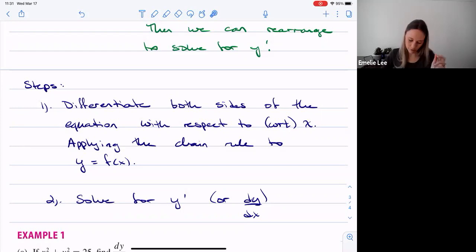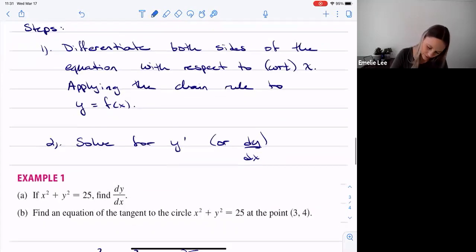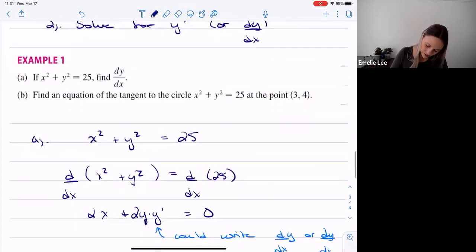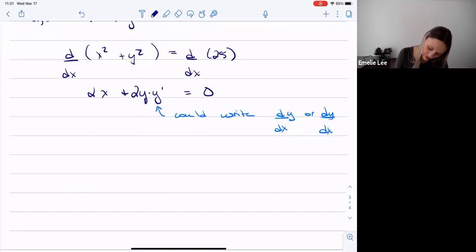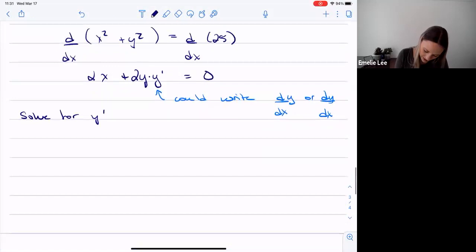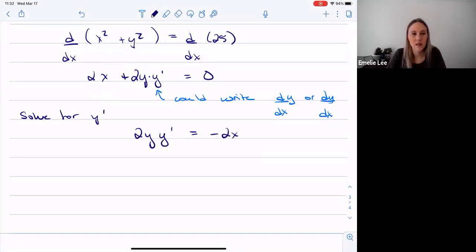Okay, so we've done the first step, right? And we applied the chain rule to y equals f of x. So now I want to rearrange and solve for y prime. So here we go. So now solve for y prime. So what I can do is I can say 2y times y prime equals negative 2x, right?